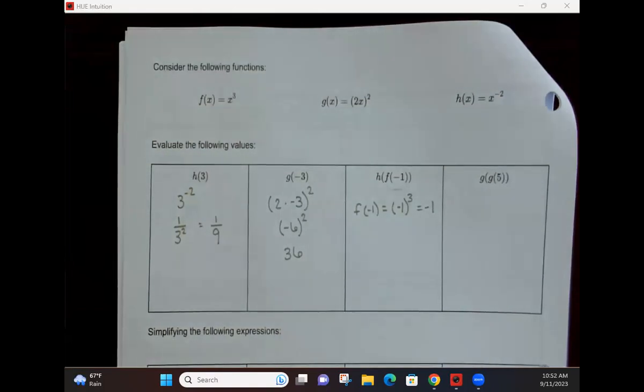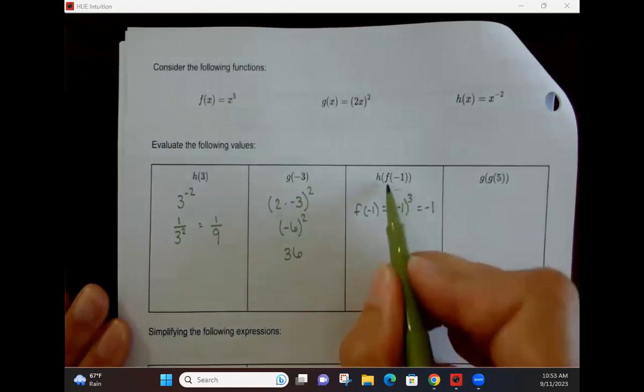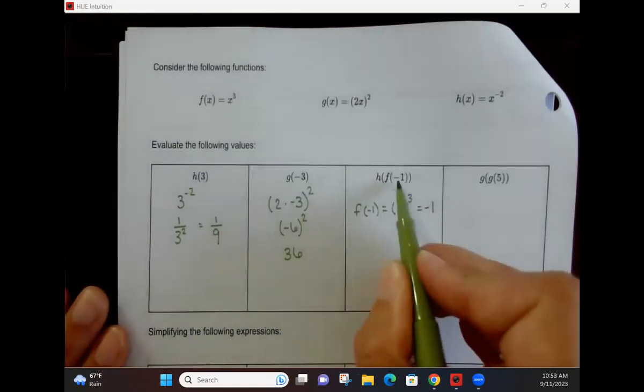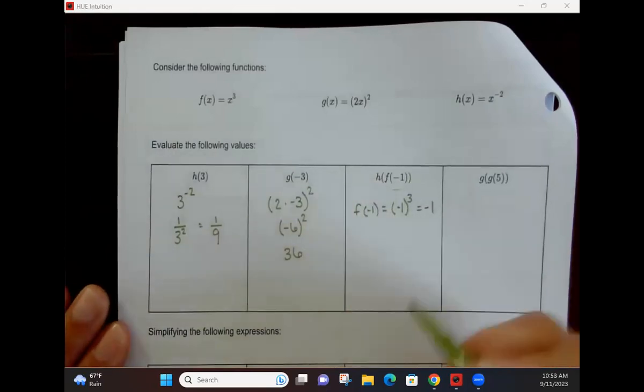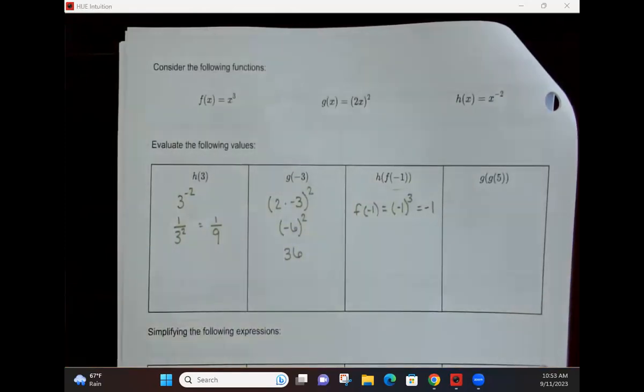And then an error I saw pretty frequently on some of our last quizzes over Unit 1, when we had compositions: when we were working in compositions in that unit, we did a great job. But by the end of the unit, I had some people in a problem like this find f of negative 1, then find h of negative 1, even if that wasn't what you got here, and then multiply those 2 answers together.